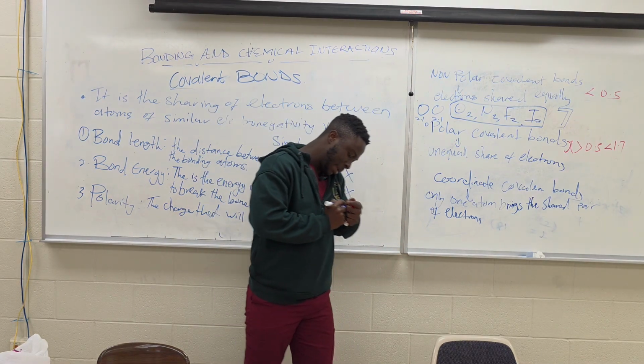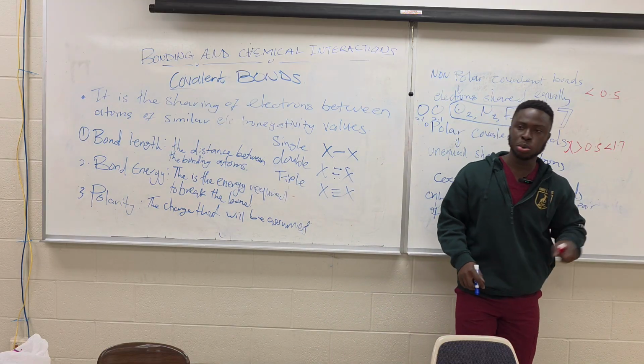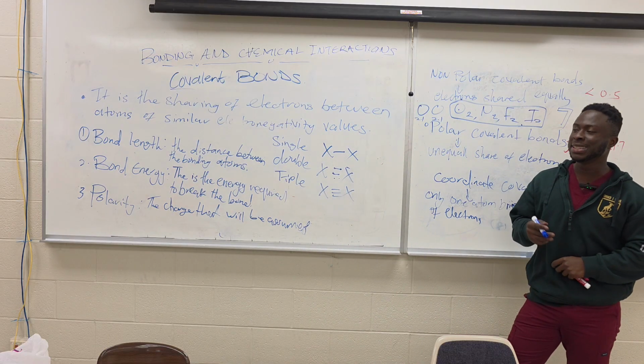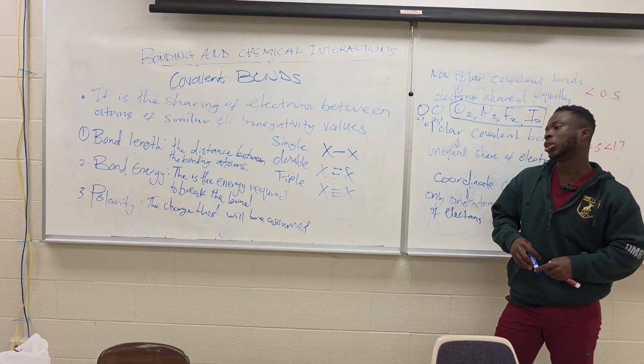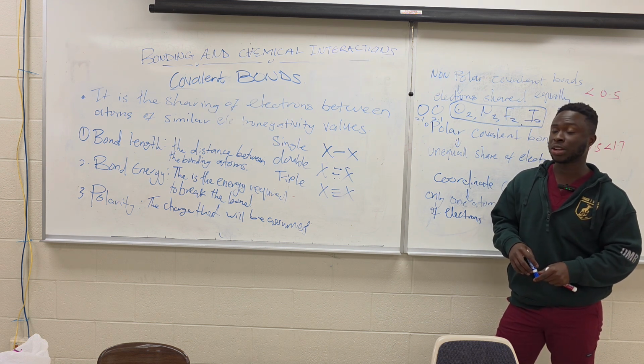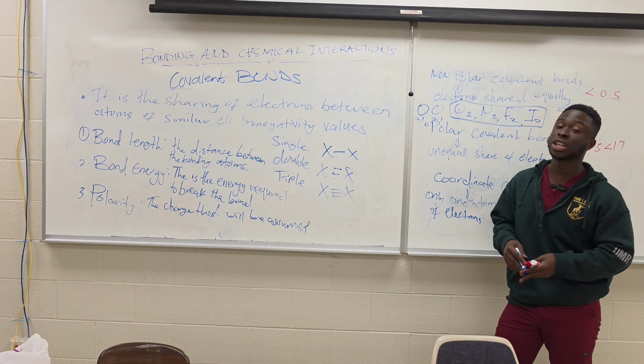And when you are figuring out whether a molecule is polar or nonpolar, it will not depend on the electron geometry. It will depend on the molecular geometry and the vector sum of the charges.